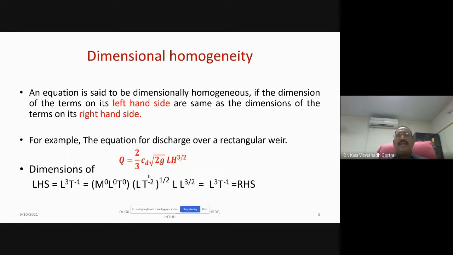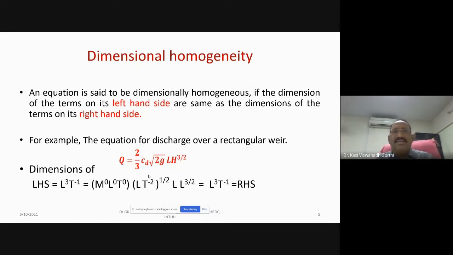Take an example like discharge through a rectangular weir or a notch. Because I'm making use of these examples, you already used these equations and derived and applied them in your fluid mechanics subject in the earlier course. The equation for the discharge Q would be equal to 2 by 3 C_d root 2g L H to the power 3 by 2.